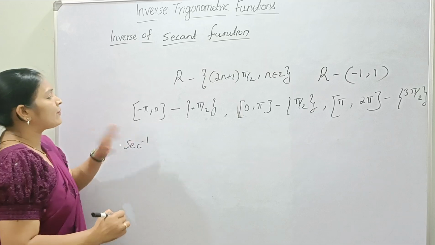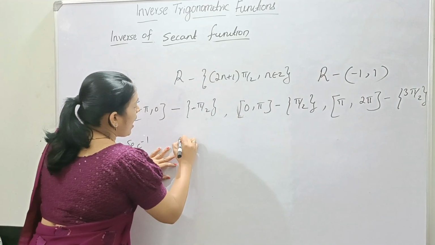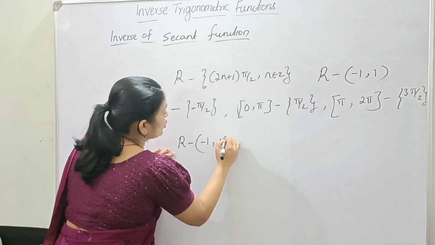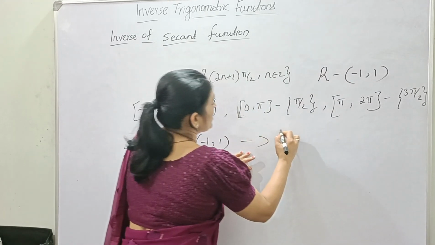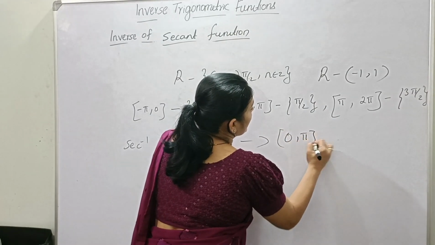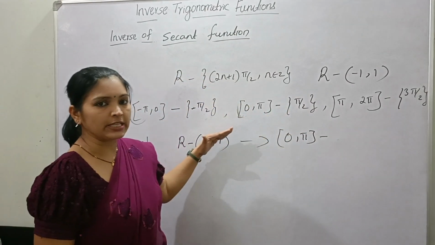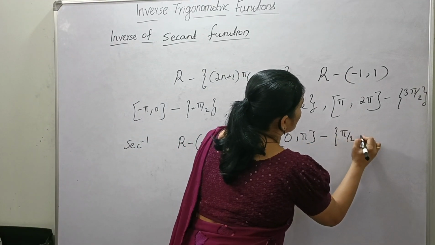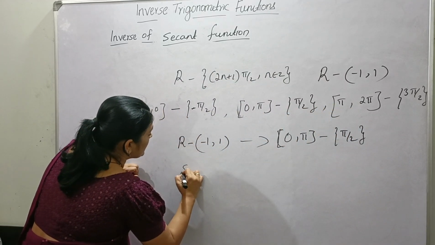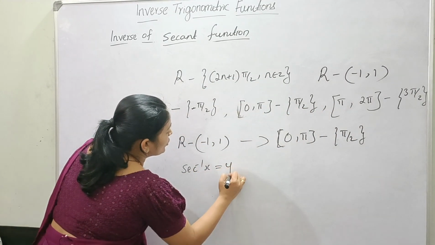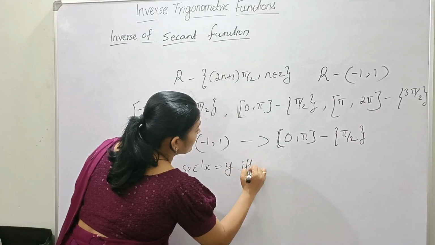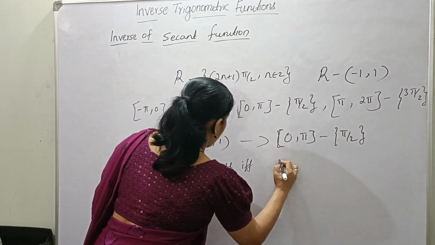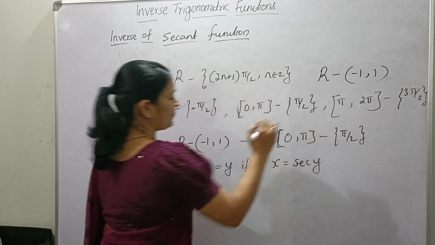Therefore, sec inverse is a function from R minus the open interval minus 1 to 1, which is the domain, to 0 to pi minus pi by 2, or any of these intervals, such that sec inverse of x is equal to y if and only if x is equal to sec y.